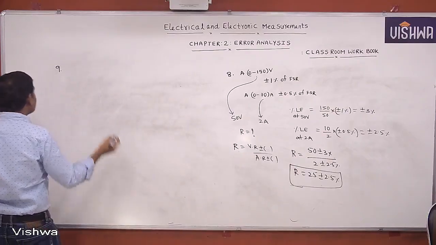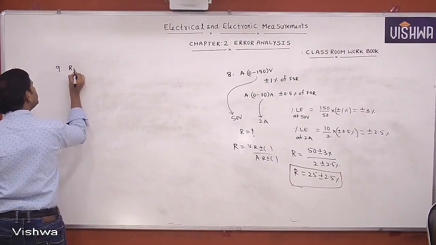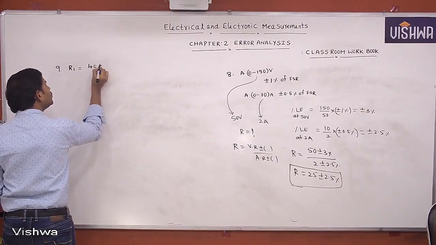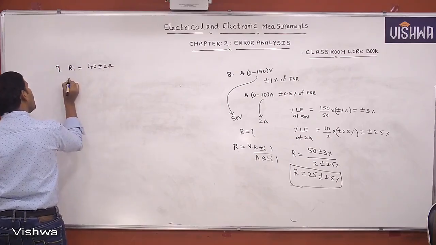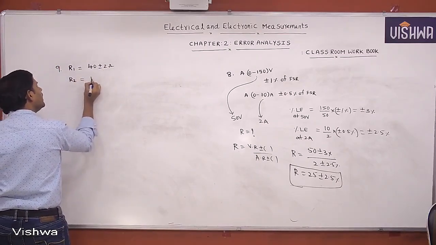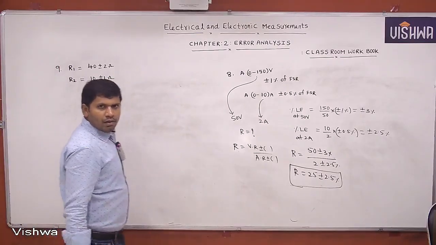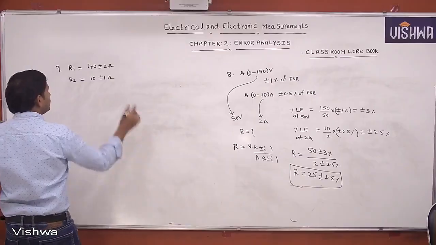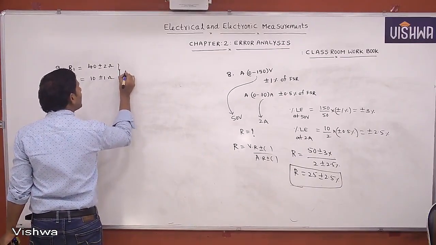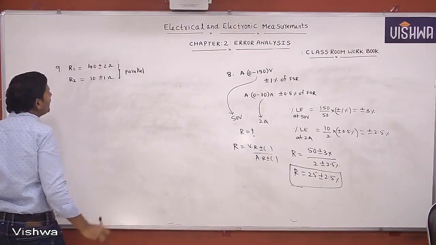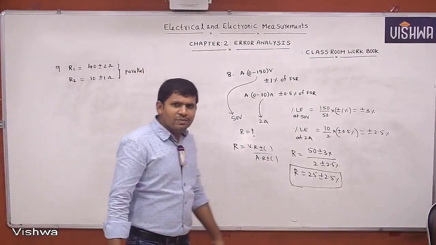Two resistances, R1 equal to how much? 40 plus or minus 2 ohms. R2 equal to 10 plus or minus 1 ohm. Are connected in parallel. Then calculate the resultant resistance and the range of resistance measured.